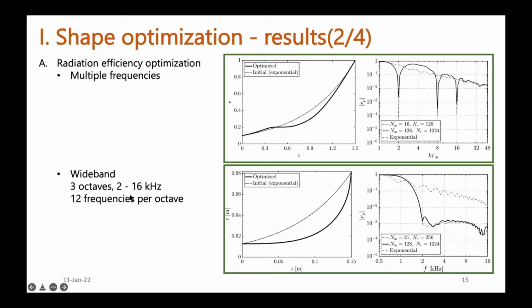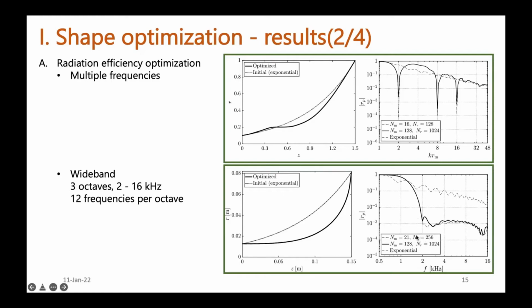But if we carry out a wideband optimization covering 3 octaves for a real dimension of a horn, from 2000 to 16,000 hertz, with target frequencies set logarithmically spaced in each octave, we can obtain a significantly lower spectrum in the target frequency band.